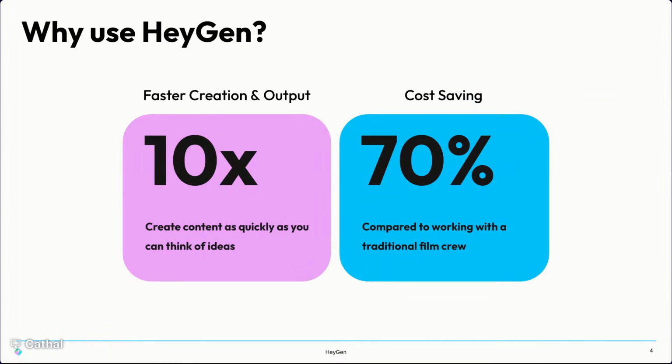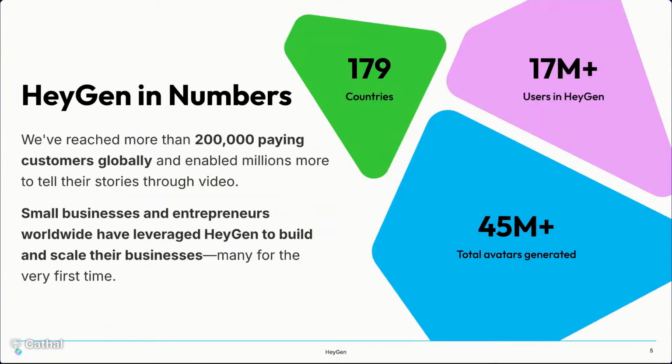People use HeyGen for two core reasons. The biggest reason is to unlock more creativity and create content in new ways. But then some of the benefits of actually using HeyGen is you can create content much faster and you can really reduce the cost associated with creating that content when you compare it to hiring a filming crew and creating content like would have been done in the past.